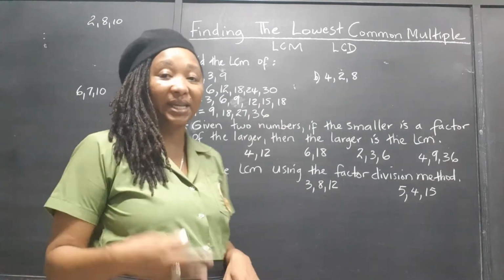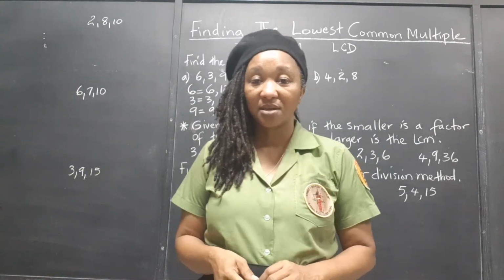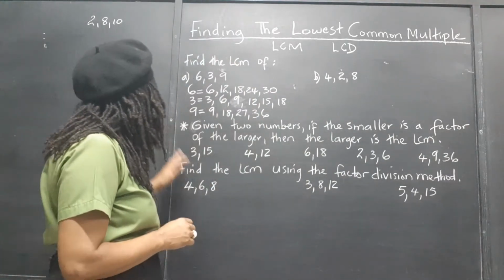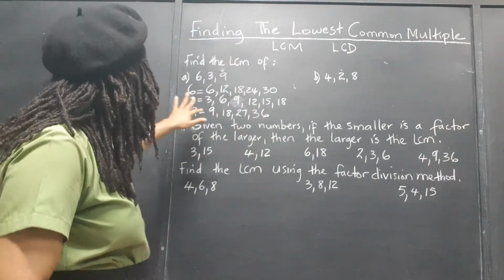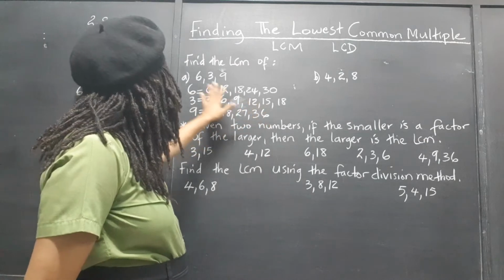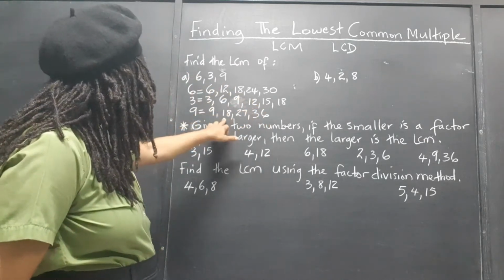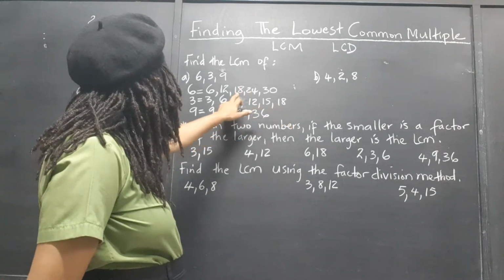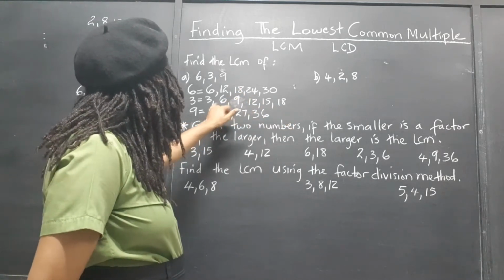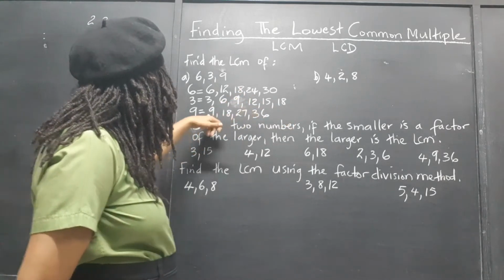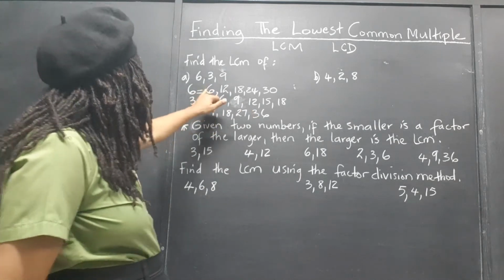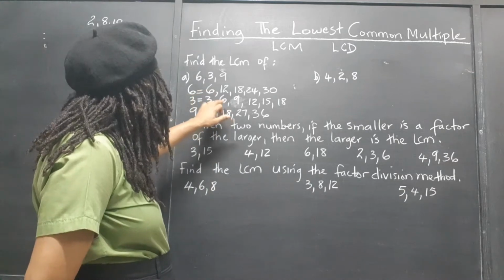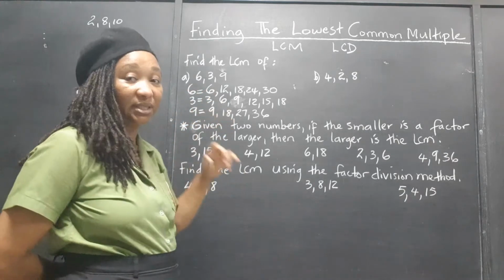Alright, so have you identified yet the smallest multiple that's common to them? So if we look, we see that 18 is common to all three numbers. 9 is common to 3 and 9, but it's not common to 6, right? Just as 6 is common to 6 and 3, but it's not common to 9.